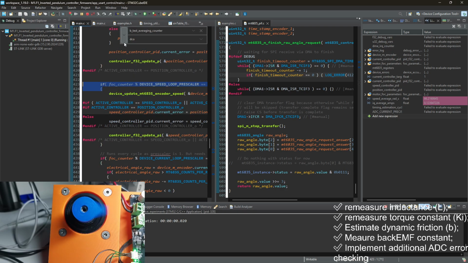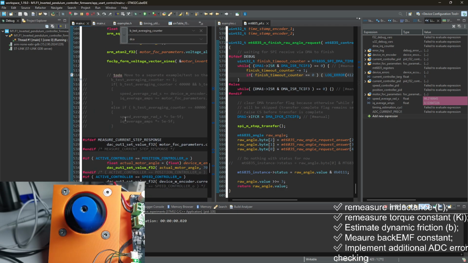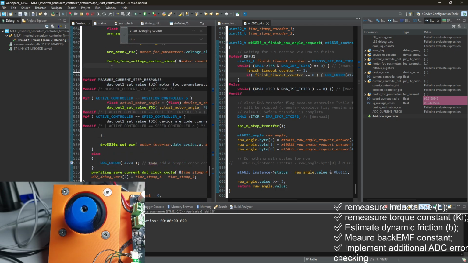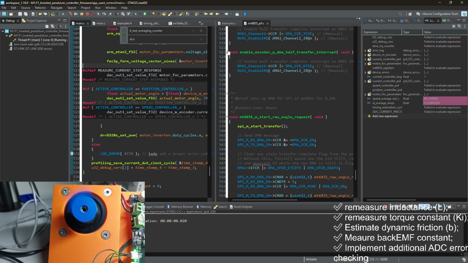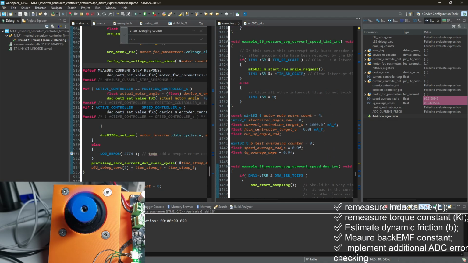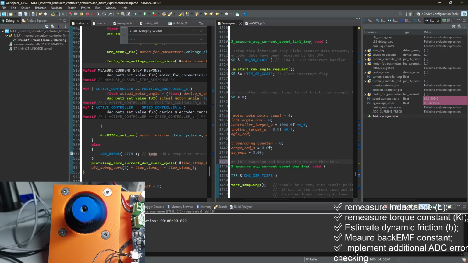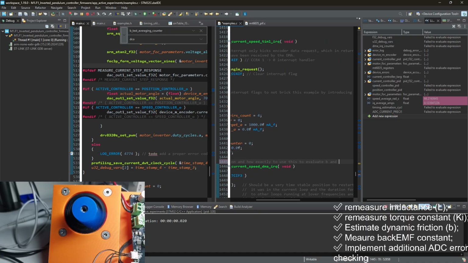We can clean up our main. Remove this garbage. It's not needed here any longer. And also add a to-do to document this implementation, how to use it, because I will definitely forget it later. To-do, document this function and how exactly to use this to evaluate B and KE.